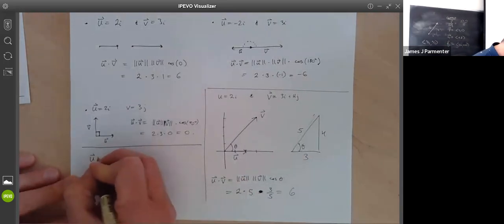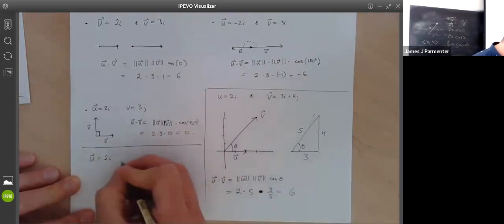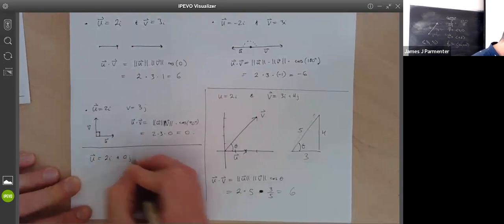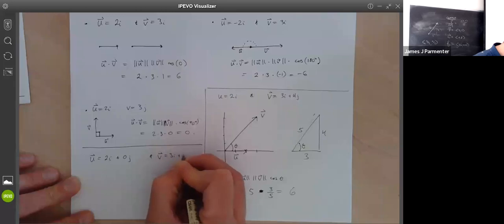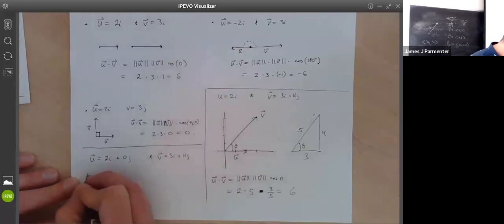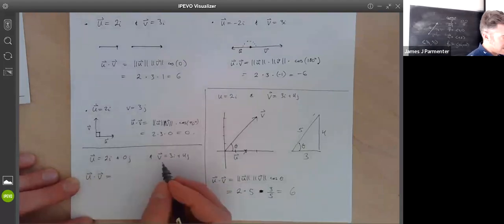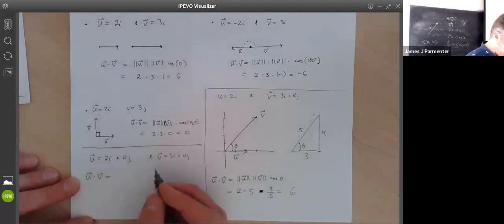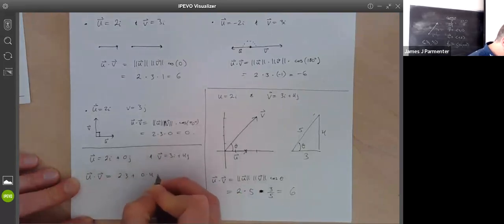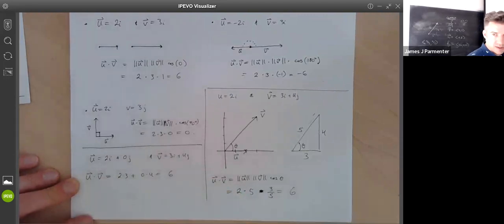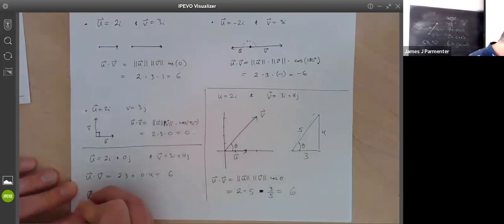If u equals the same one here, 2i plus 0j, and v is equal to 3i plus 4j, the dot product of u and v can be calculated by multiplying the common coefficient components together and adding up the results, meaning it's going to be 2 times 3 plus 0 times 4, which is also 6.